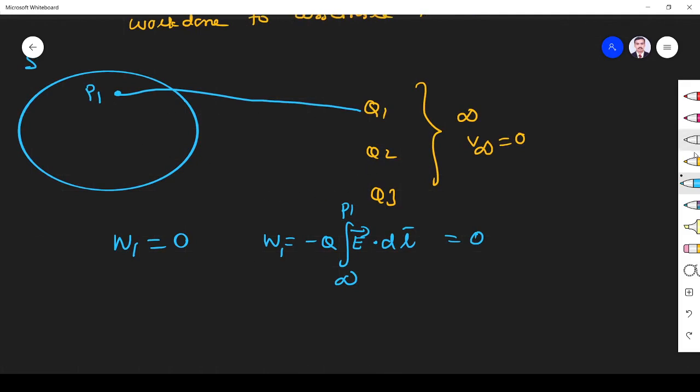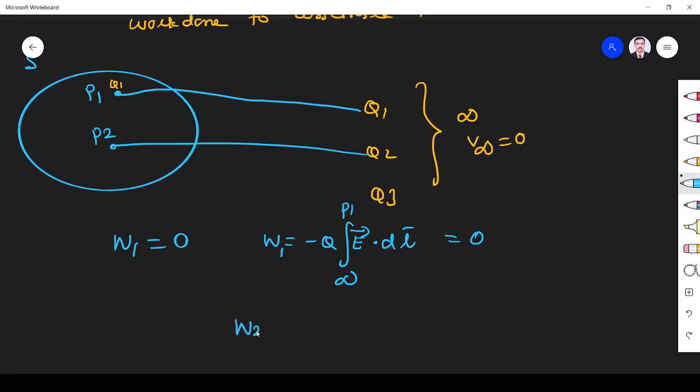Once charge Q1 comes to point P1 here, what happens? It will generate some field. So when I want to move Q2 to some point P2, I have to do some work against the field, right? So what is that work?